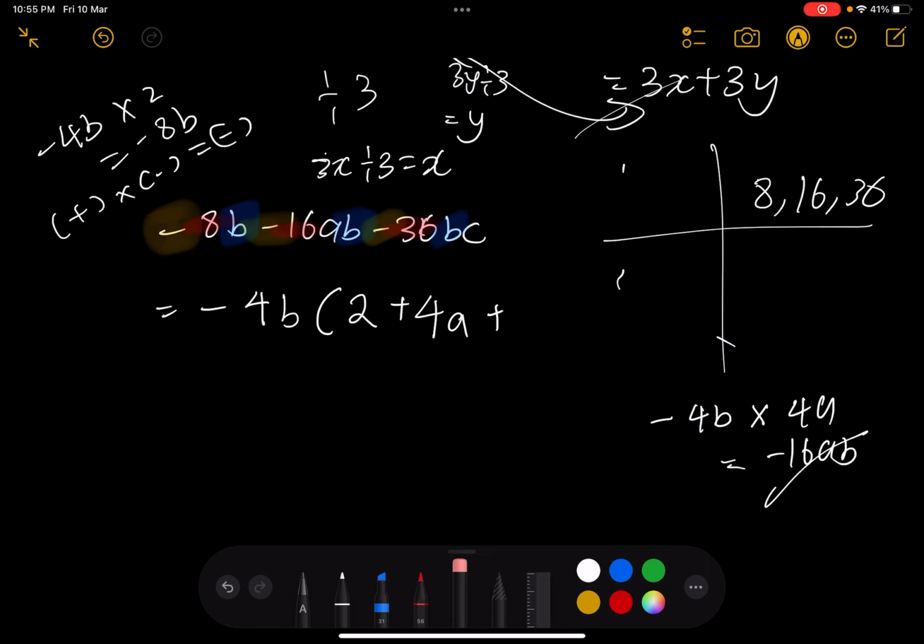Okay. I have my b ready. Now I have my c here. Okay. Can. So you can check if inside right don't have any more common factors, then you're good to go. This is correct. Okay, easy, very easy.